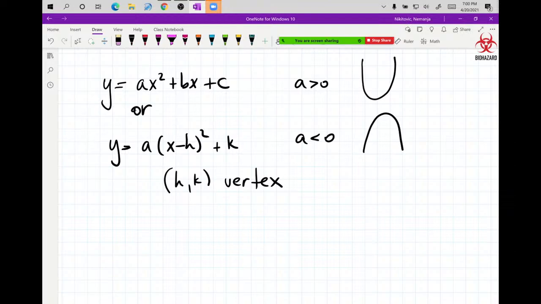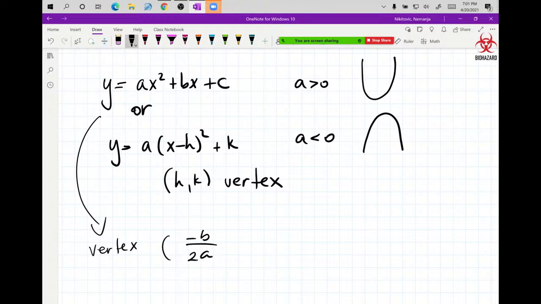Another way, if you have the upper equation, you can find the vertex by calculating the x coordinate as negative b over 2a.